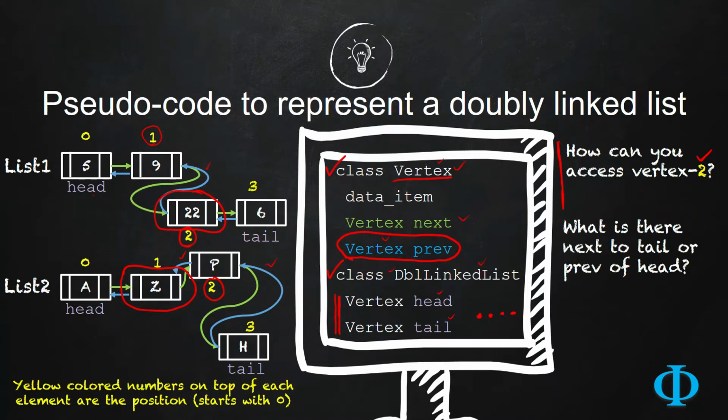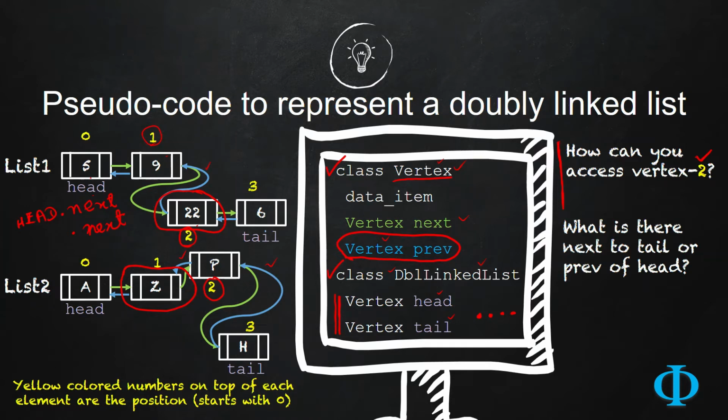Well, utilizing a singly linked list, you can do it just by using head.next.next, something like this. So it will start from head, then it will move to next, then it will move to next. This way you can access the element at vertex 2.